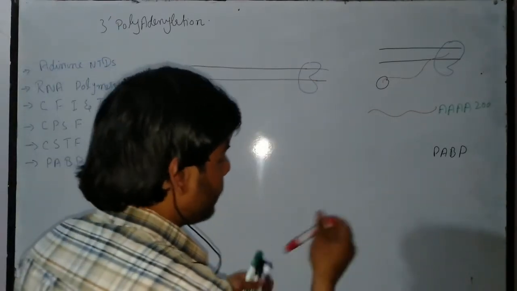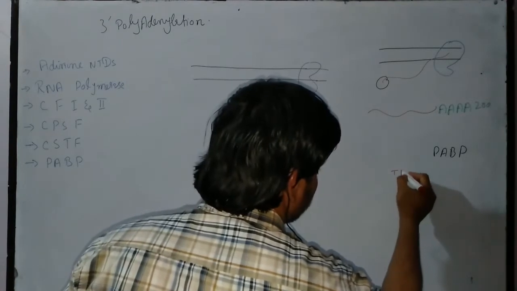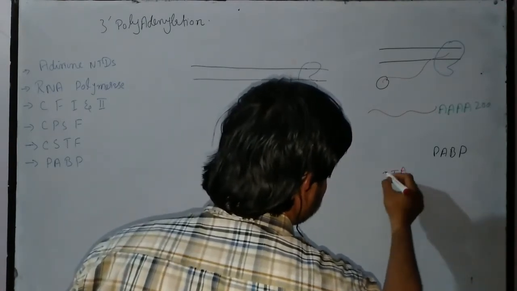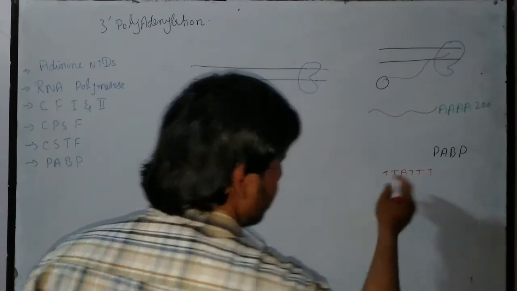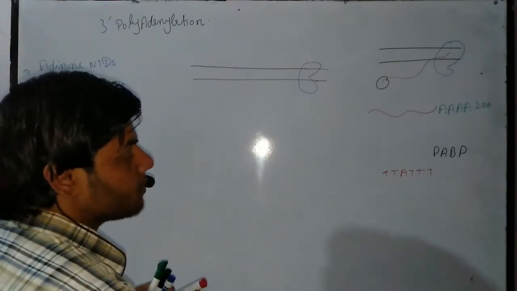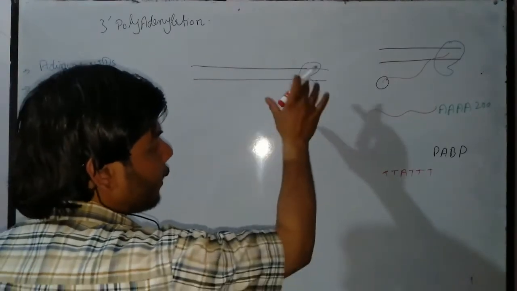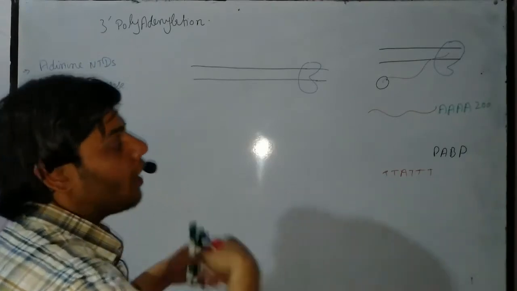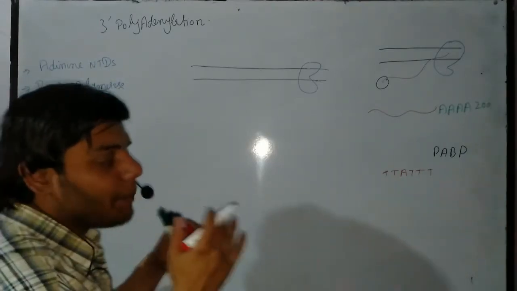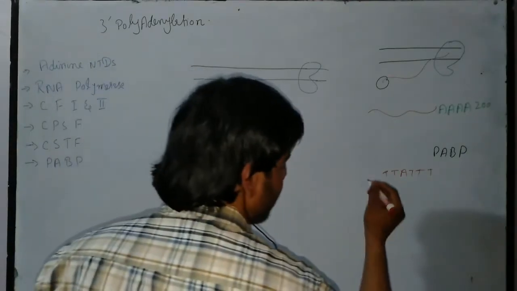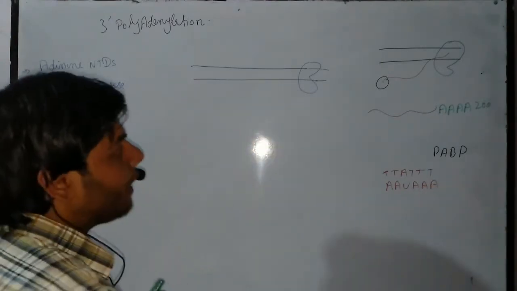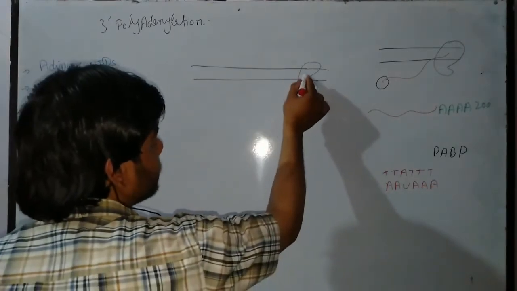These are the termination sequences, and after that the RNA polymerase keeps adding nucleotides, and we get a structure like that.